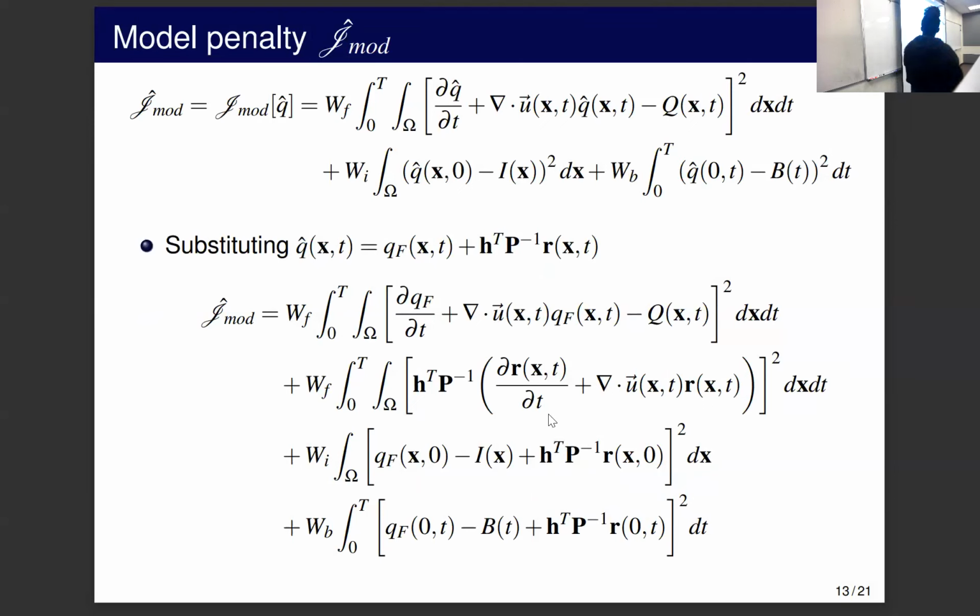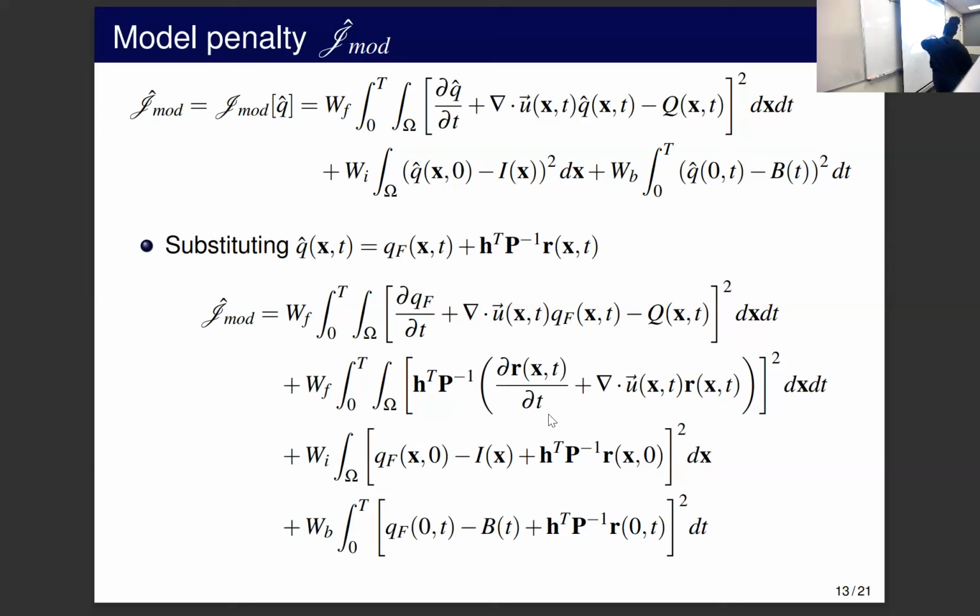For the model penalty, that is J mod of Q hat, we have the errors in the dynamics, in the initial condition and the boundary condition, and substituting for Q hat, we obtain this other expression that is in terms of QF and the representer and the weight of the representer functions.